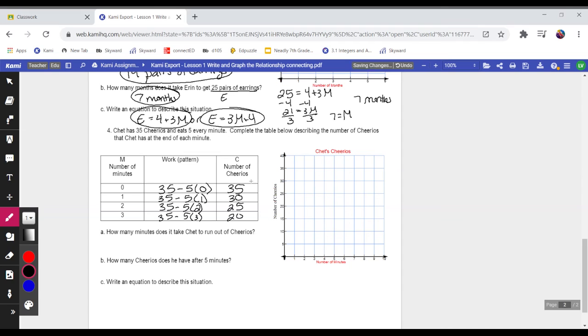We can also check our pattern to make sure that it matches. 35 goes down to 30, down to 25, down to 20. So it's decreasing by 5 every time. That looks perfect. So let's graph this.